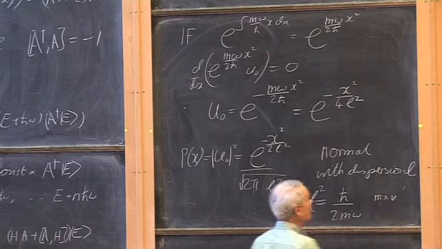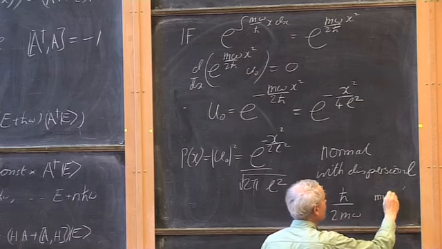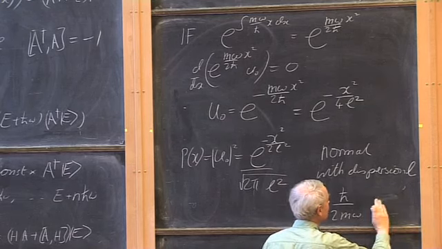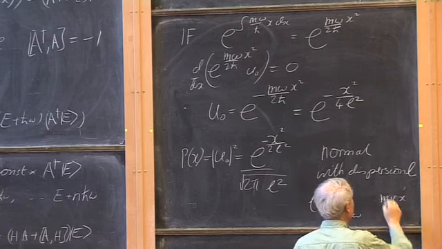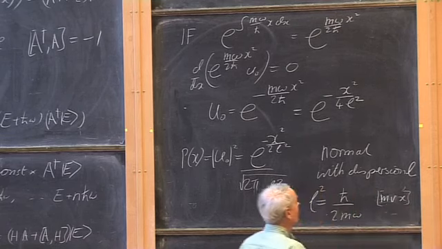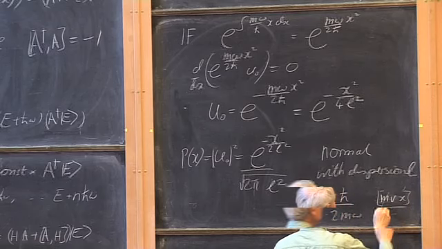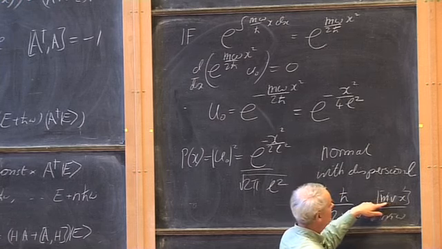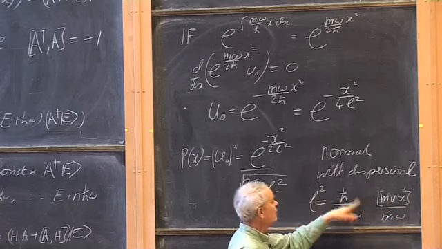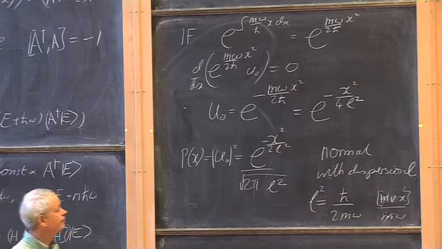That's what I should have said, momentum times distance, mvx. So indeed, this thing has dimensions of length squared, so L is indeed a length, so it's okay.